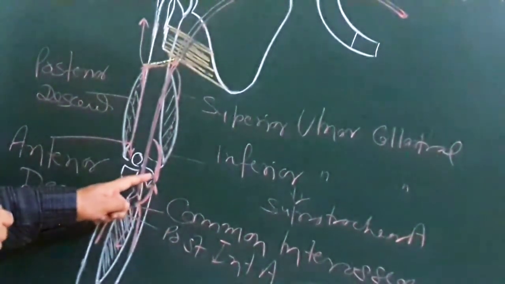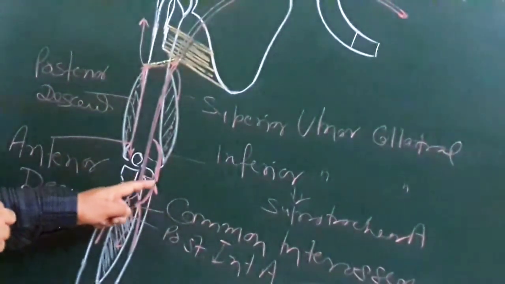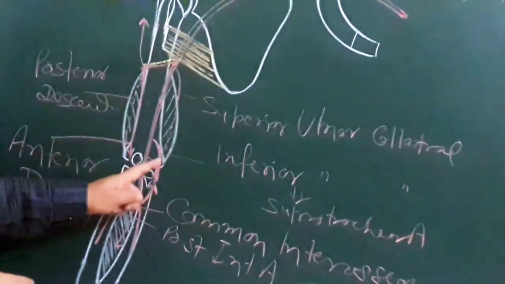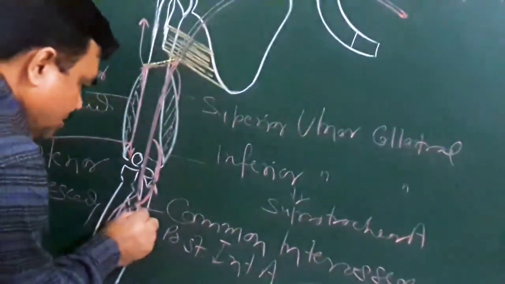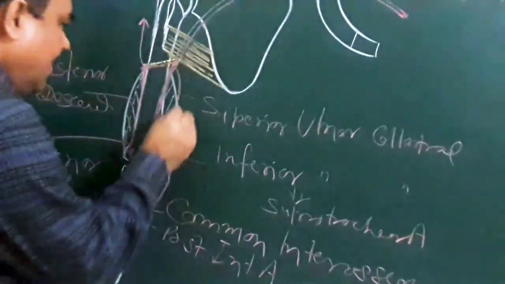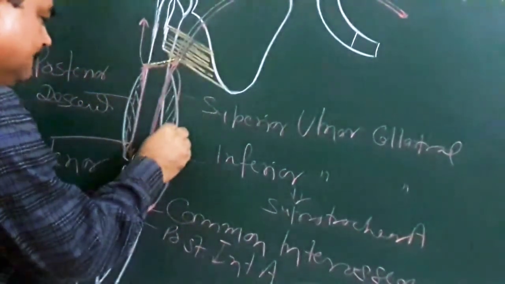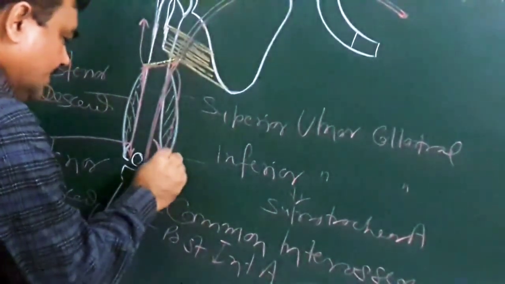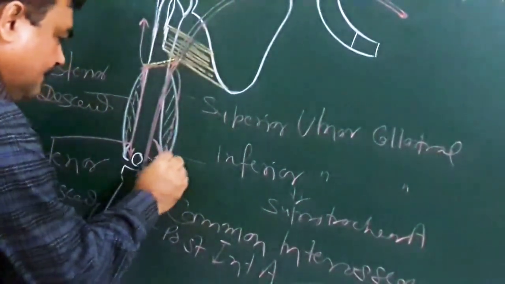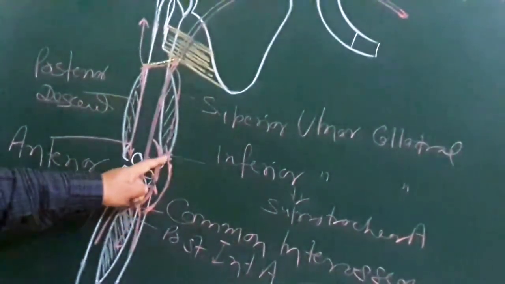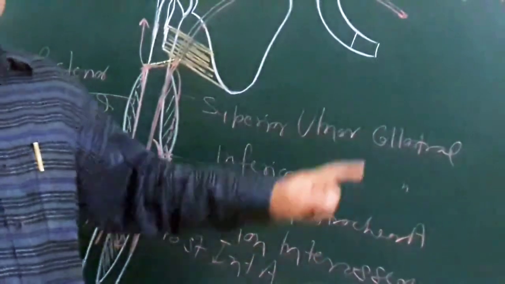This anastomosis is present on the anterior part of the medial epicondyle. Another branch is the posterior ulnar recurrent, which anastomoses with the superior ulnar collateral.